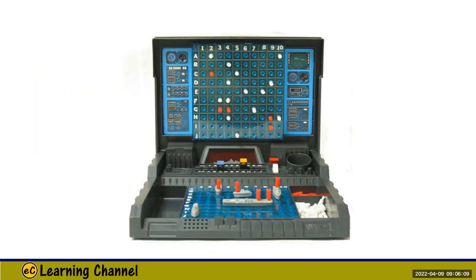The other player has the same box like this. You put your battleship in certain locations, and you try to see which one hits and which one misses. You put your hit as a red dot over here, and a miss as a white dot over there. So you play such a game in the old days.